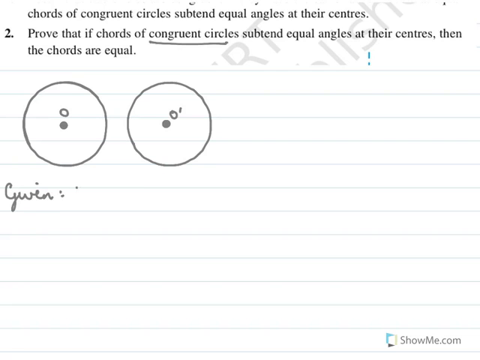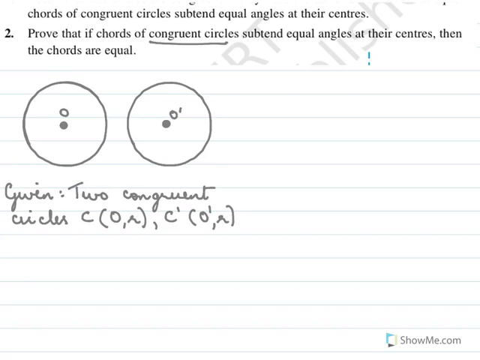So given two congruent circles, one circle is C with center O, radius R, and the other one is C dash with center O dash, radius R, because they are congruent.